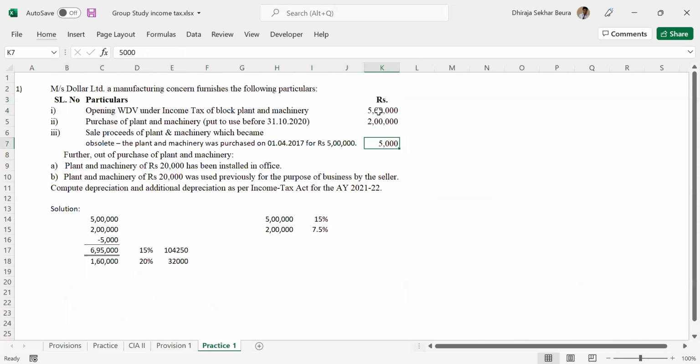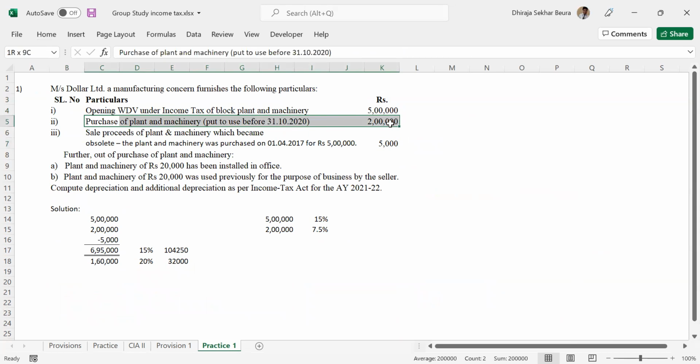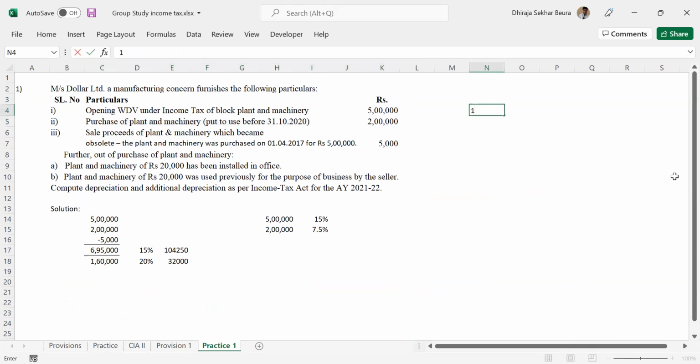Now look at this question here. Second point I'm talking about. Purchase of plant and machinery put to use before 31 October 2020. If you do a back calculation, we have the financial year from 1st April to 31st March. If you do a back calculation from 31st March, you would reach 3rd of October as the date.